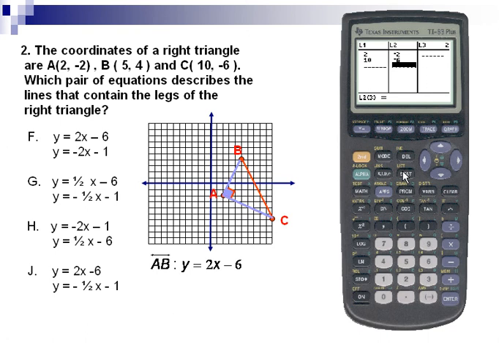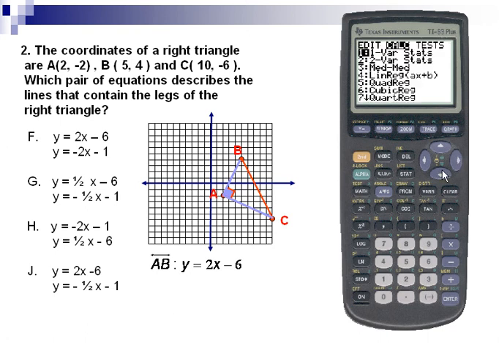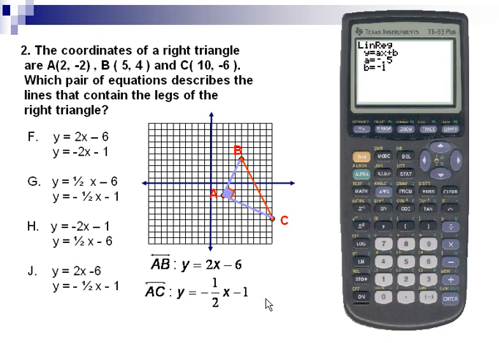Now find the linear regression. So the equation for the line that contains the points A and C would be y equals -1/2 x minus 1. So the answer here would be J. These would represent the equations of the lines that contain the legs in this right triangle.